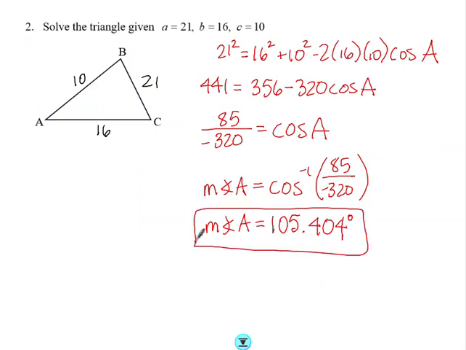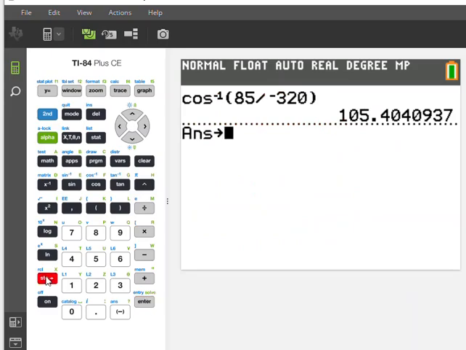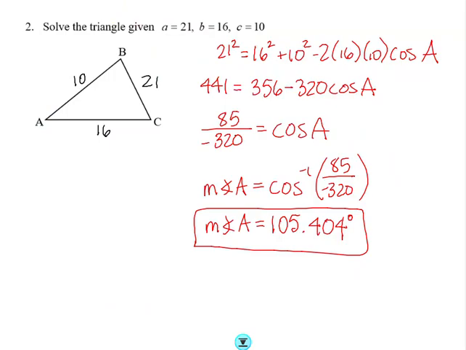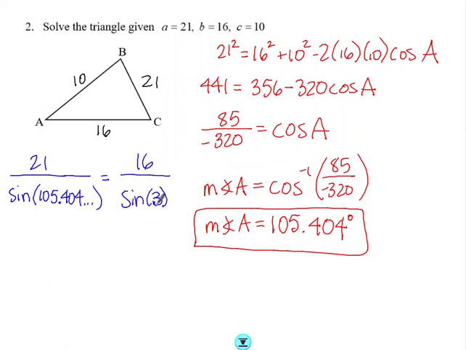I'm going to store that as A. This will override any values that I previously stored as A. Now I'm going to use the law of sines to find the measure of angle B. Since I know the angle A and side A, I have 21 over sine of angle A equals side B over sine of B. When I start solving this, I have sine of B equals 16 sine of angle A over 21.